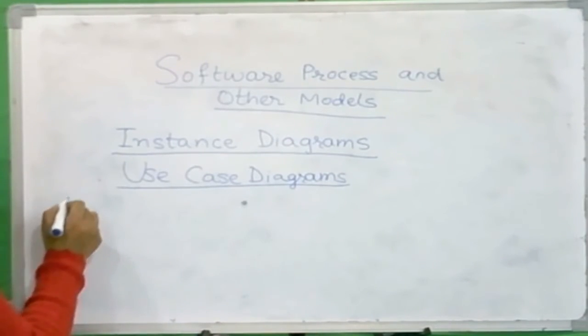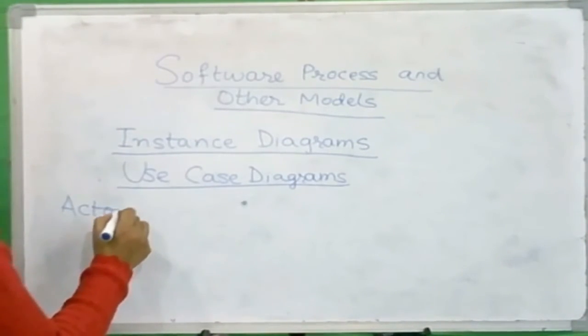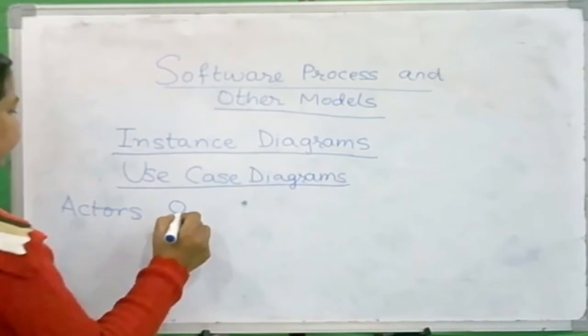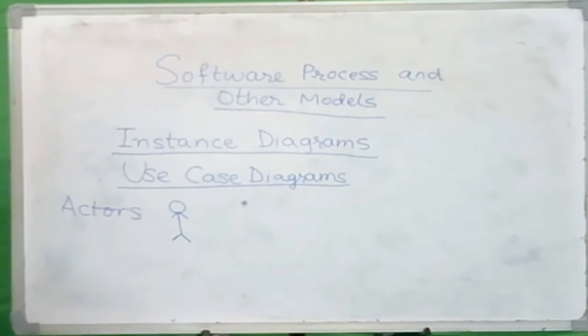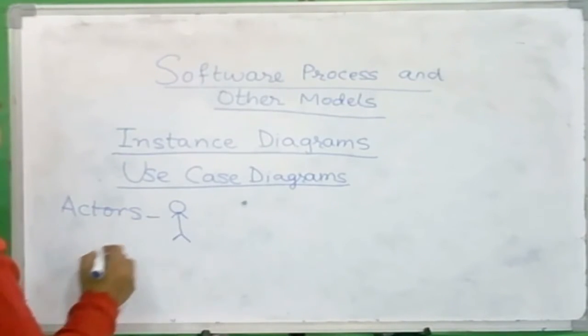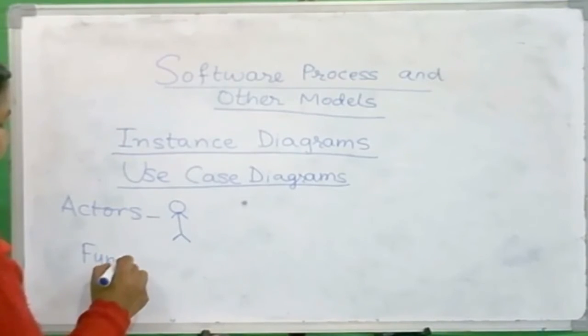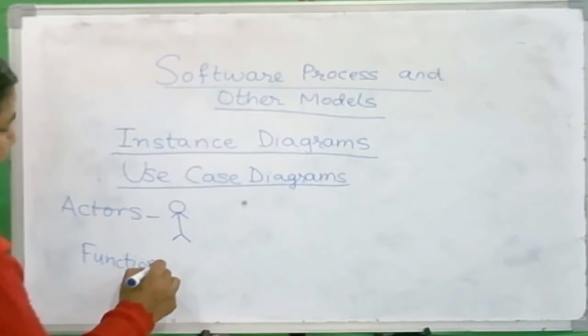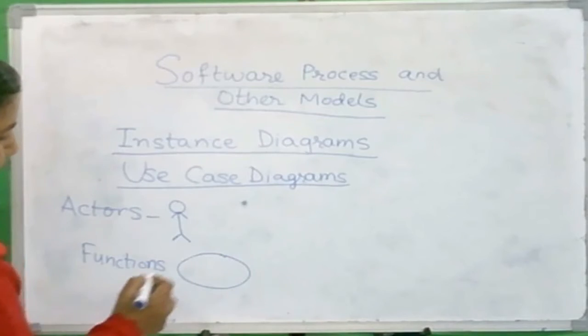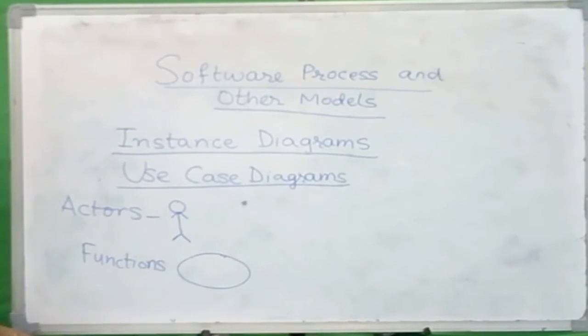Actors are represented by stick figures. And the functions are represented by ovals. Actors are associated with functions which they can perform. Next we shall see the use case diagram for the simple library.